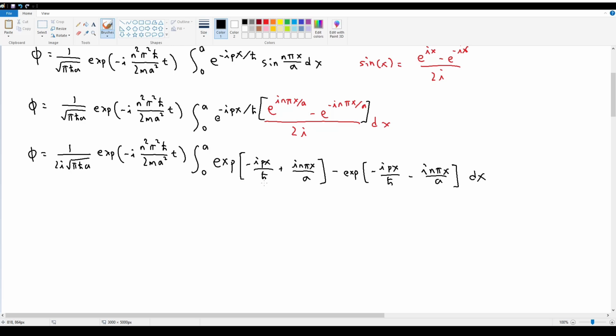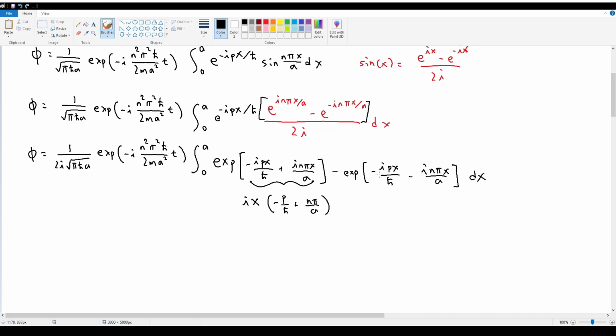Okay, so is there any way for me to simplify this down a little bit? This has a common factor of i, it also has a common factor of x, in which case what I'm left with is negative p over h bar plus n pi over a.